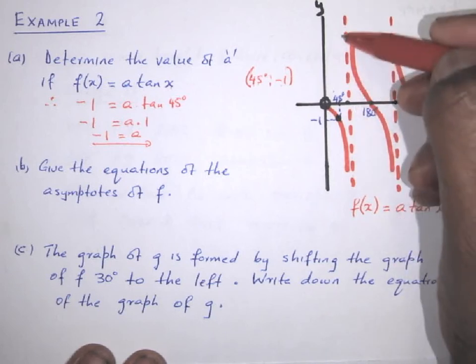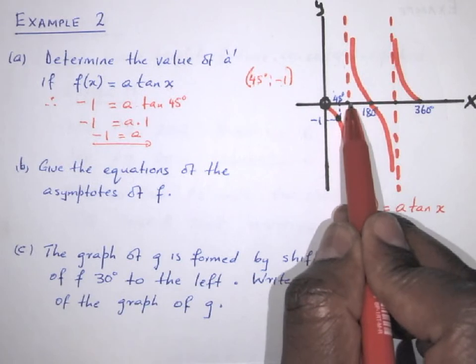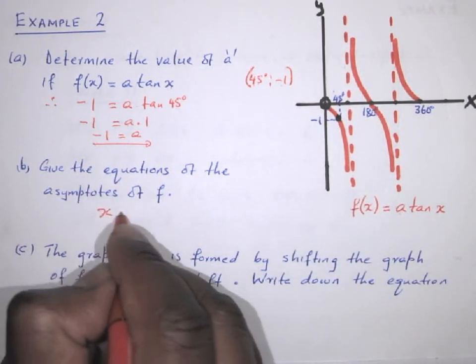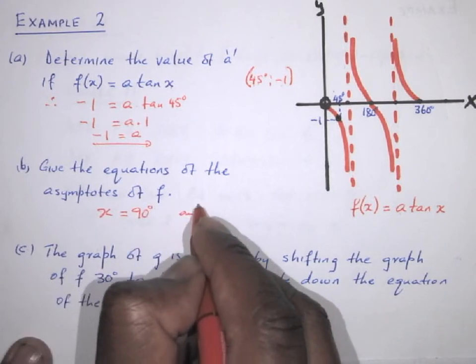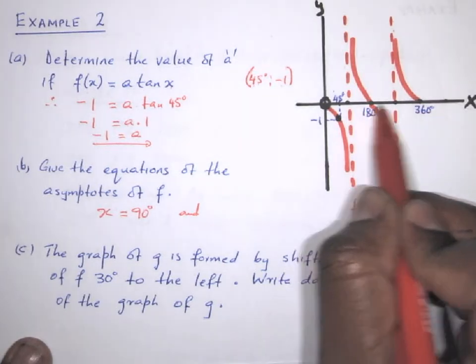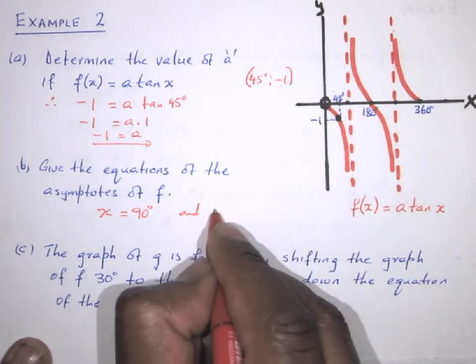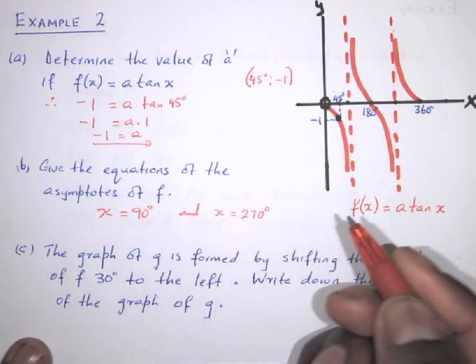This line here cuts between 0 and 180, that's 90 degrees. So the equation of this line is x equals 90 degrees. The other one is over here, between 180 and 360. That is 270 degrees, so x equals 270 degrees.